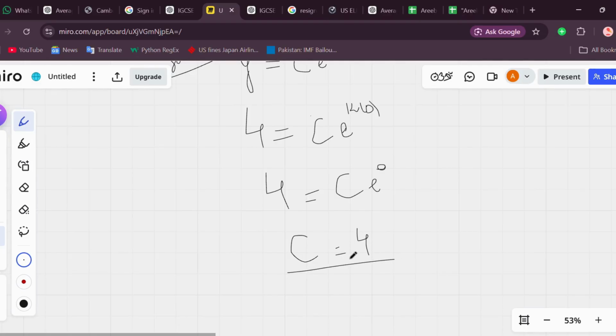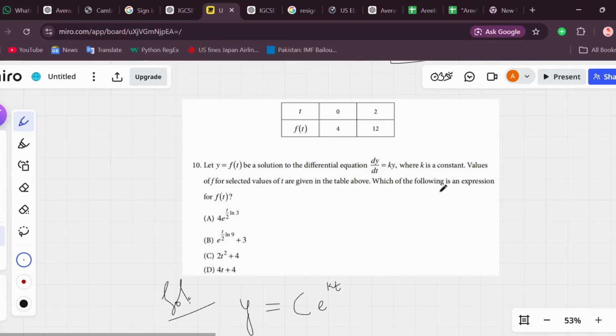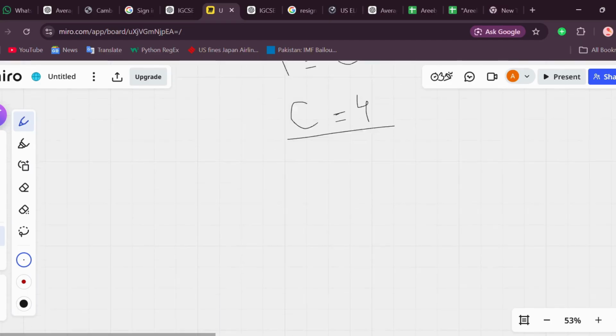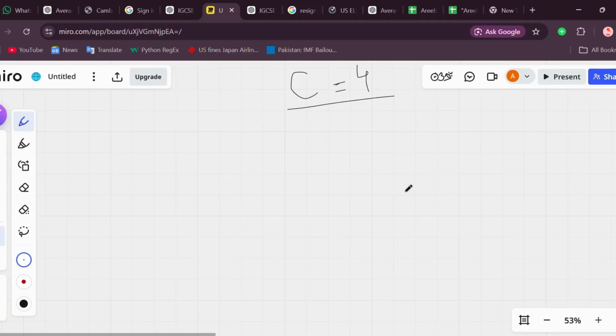Now we have the second value, f of 2 equals 12, as per the table. So f of 2 is 12, which means that y equals C e to the kt, the general solution of the differential equation given in the question.